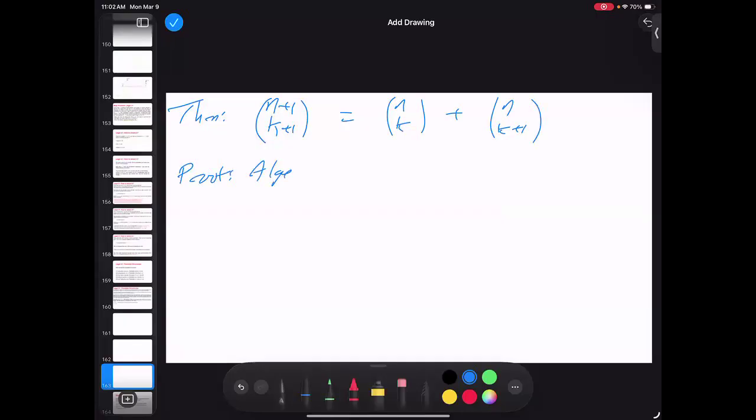And one proof is algebra. I can just do the algebra by brute force, expand everything, clear denominators, simplify the algebra. And when the dust settles, I will have a proof. It's unenlightening, I don't know why it's true, but I have the result and I can now use the result.